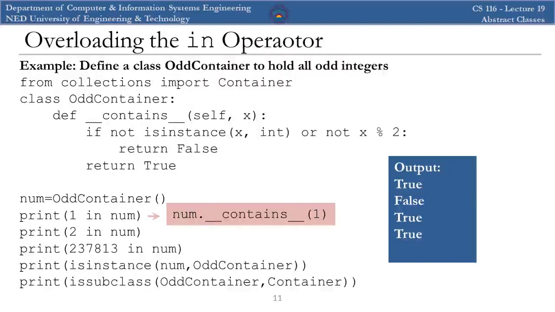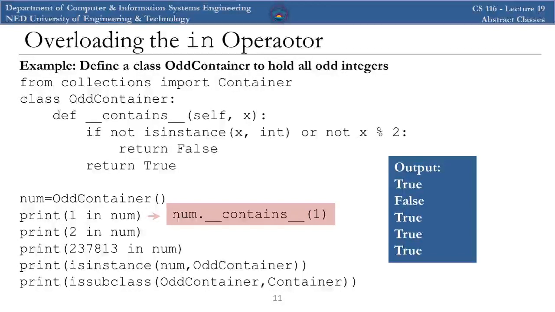So that means I am not directly deriving from this class. But the point here is, first let me show you what the output is. Output is true in this case. It should not be true, because OddContainer is not a subclass of Container, because I did not inherit from it. But this is giving true because my class is behaving like Container.